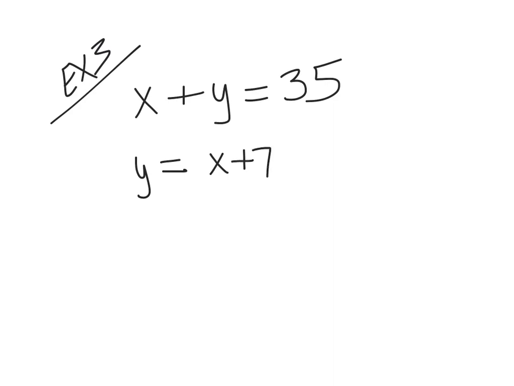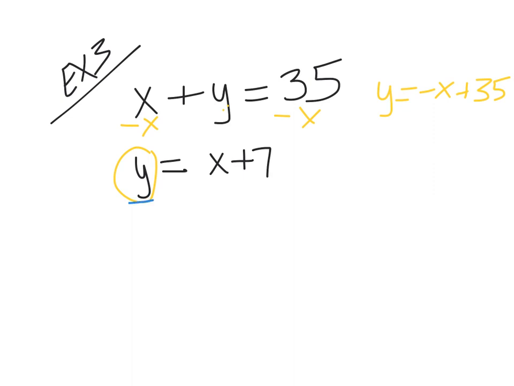Do I have 2 equations now? Yes. So to solve it algebraically, I have to have both of them solved for one of the variables. Well, this one's already solved for y, so let's solve this top one for y. All you got to do is say minus x. So you get y equals minus x plus 35. Good? I'm trying not to go too fast, but we're running out of time.